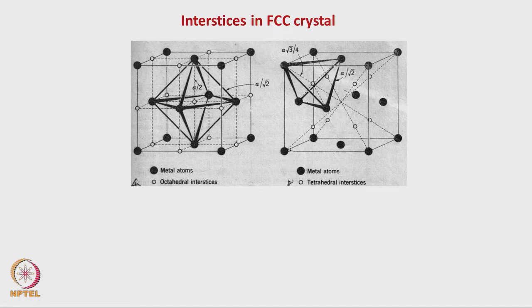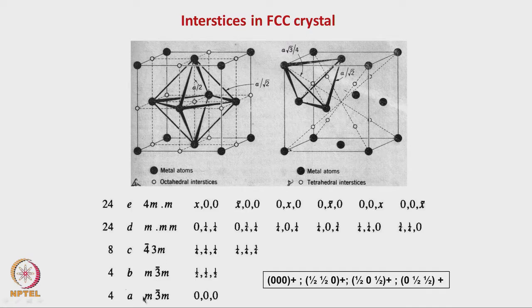These are all special points in the crystal. Here I had just taken a few Wyckoff positions, starting from the one having the highest symmetry and going up to the lowest symmetry.